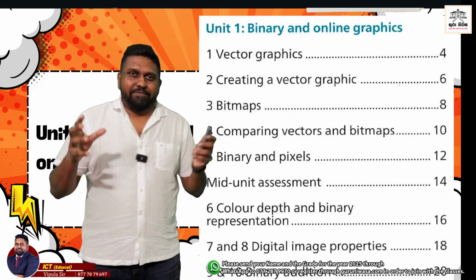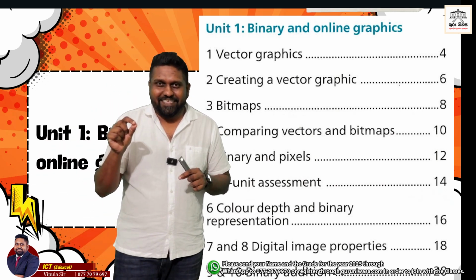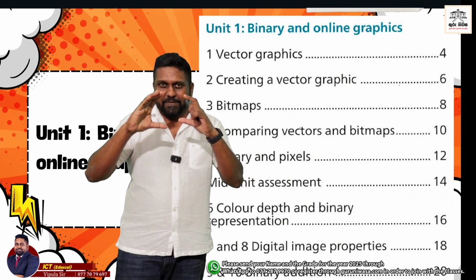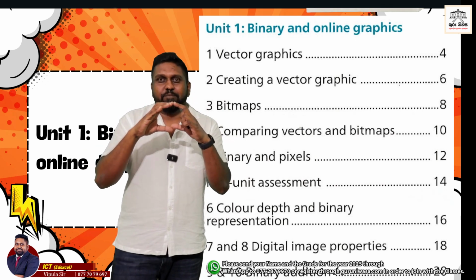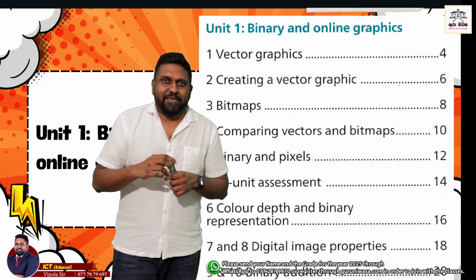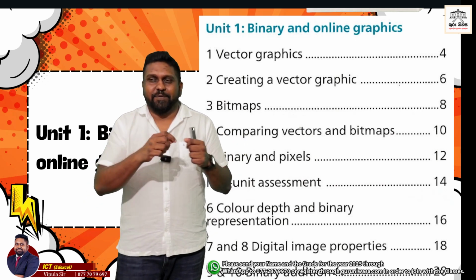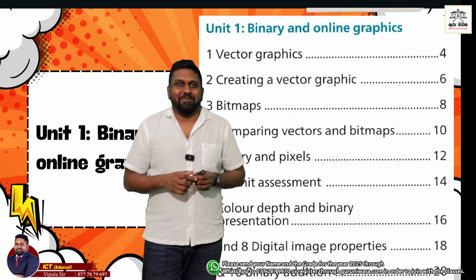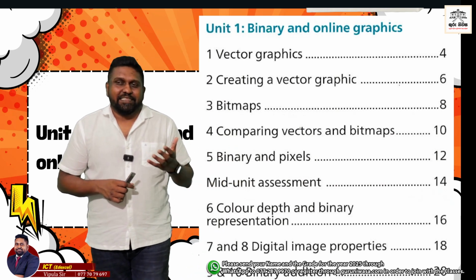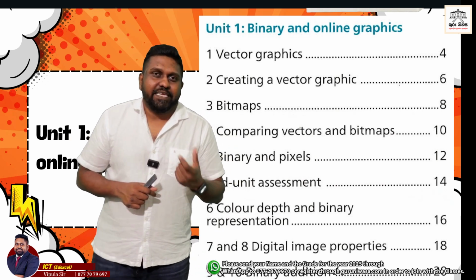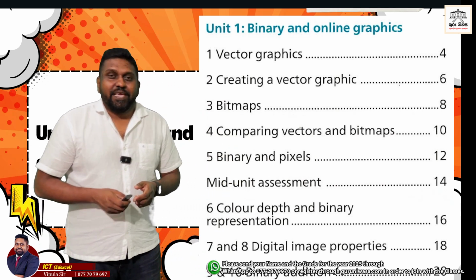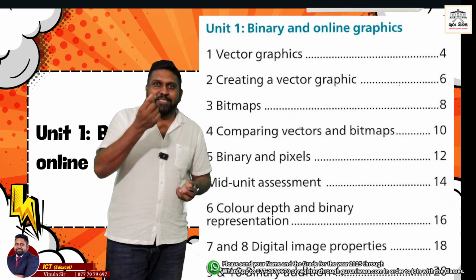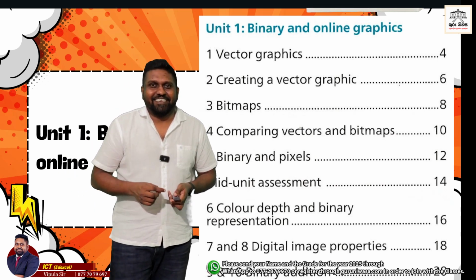The image is created using pixels, and since the pixel density is higher when it's small, you can see it properly. But if you stretch it, the pixels get stretched and it starts to get blurred. In this module we will learn why this happens and how pixels are generated and created.